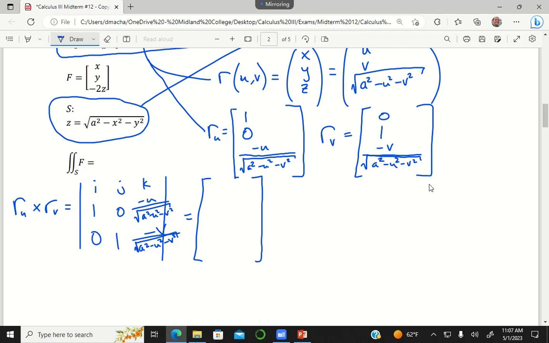Yeah, it's not going to be negative because it'll be 0 minus negative u over the square root of all that stuff. So it'll just be positive u over the square root of a squared minus u squared minus v squared. Okay. Then the second entry is going to be what? Negative j times the determinant of that. Yeah. So you're right, positive v over square root of all the junk.